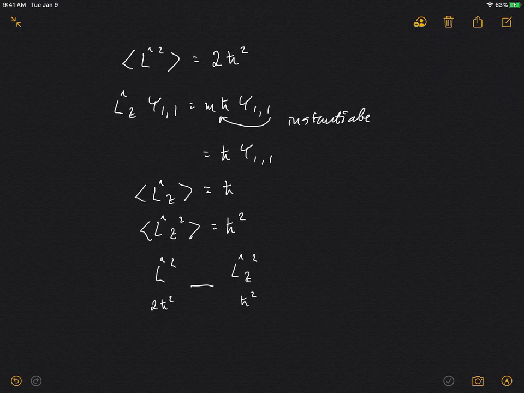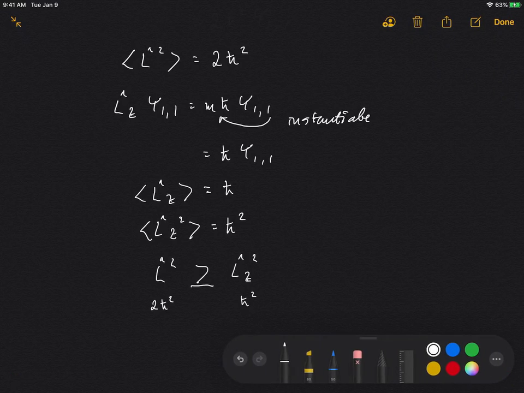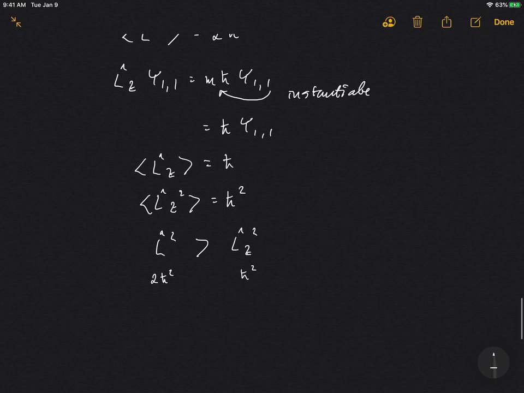So what does this tell us? Well, we can say L squared is greater than LZ squared. In fact, it's always greater than LZ squared.